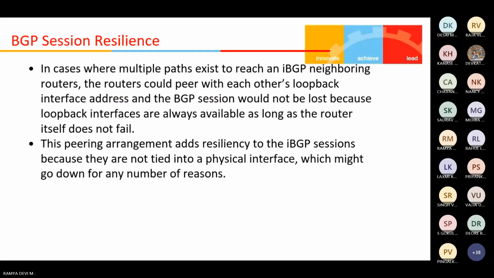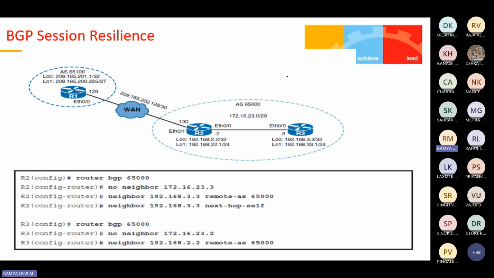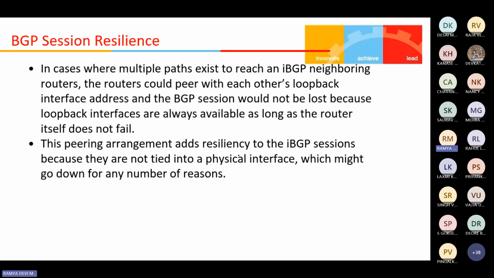Now we'll see BGP session resilience. That can be done with the help of loopback peering. Routers can establish IBGP sessions using the loopback interface. In the previous class, we have seen the loopback interface address. So with the loopback interface address, they can establish IBGP sessions instead of physical interface addresses.